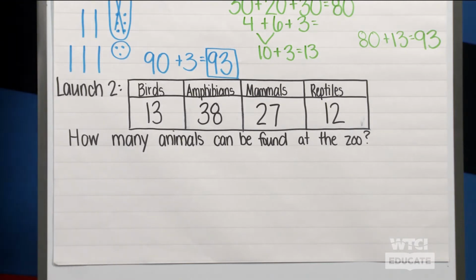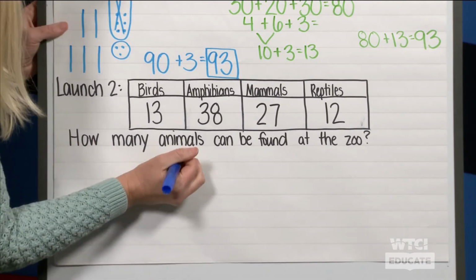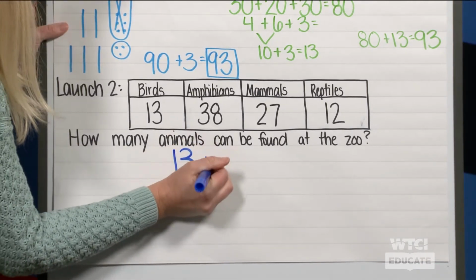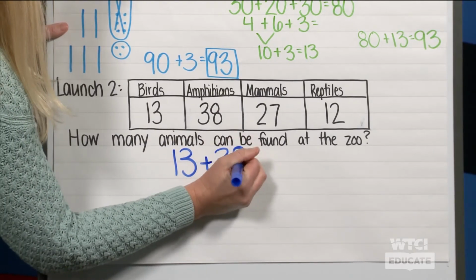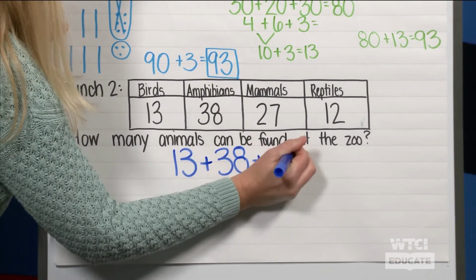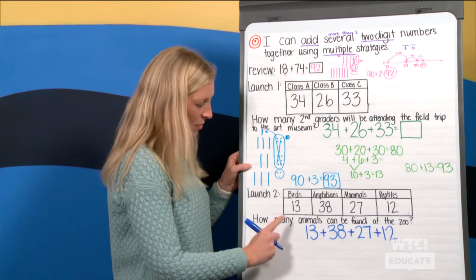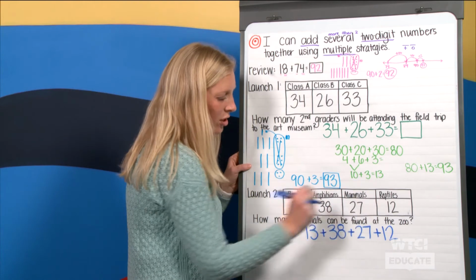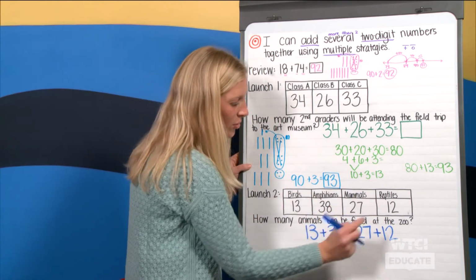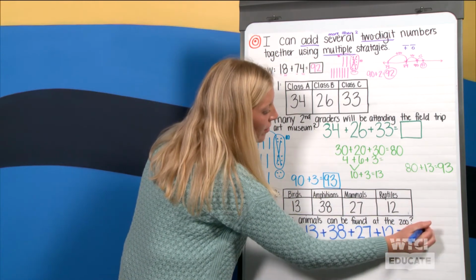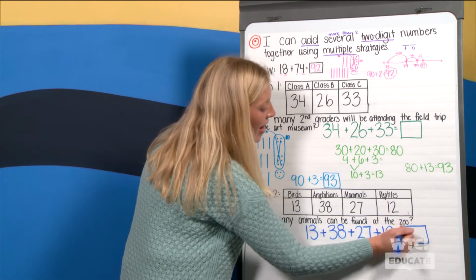I was thinking that same thing too. 13 plus 38 plus 27 plus 12. We want to make sure that if we're adding all of these numbers, that we can include them all in that equation. We don't want to leave any out, do we?